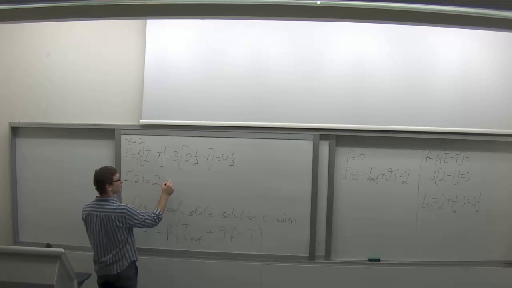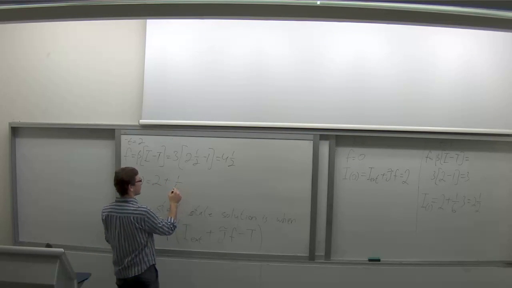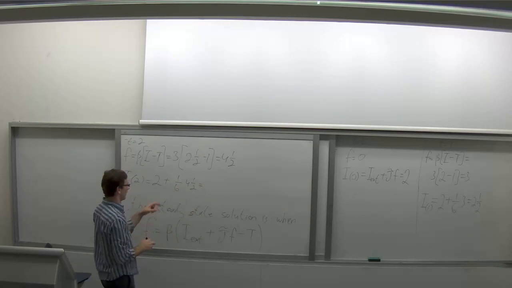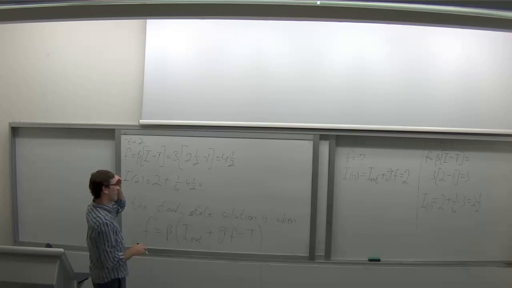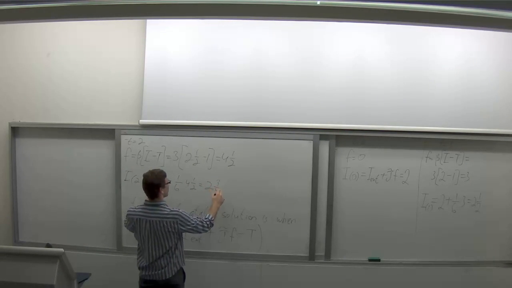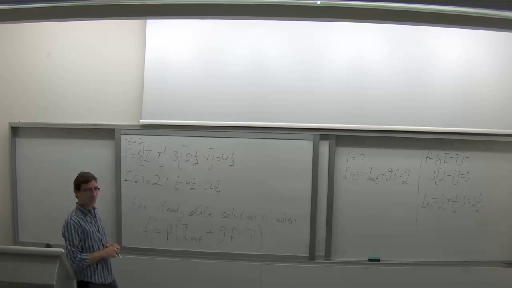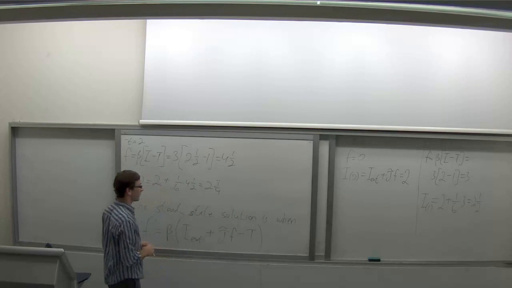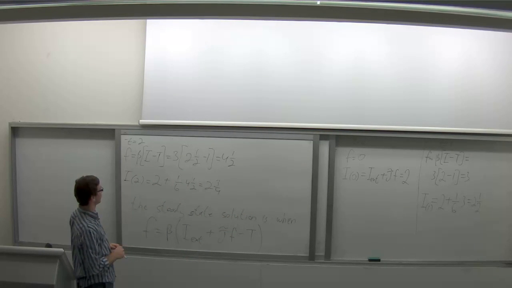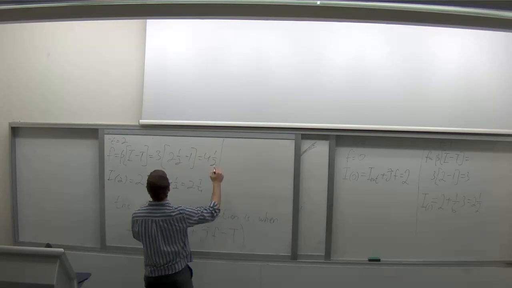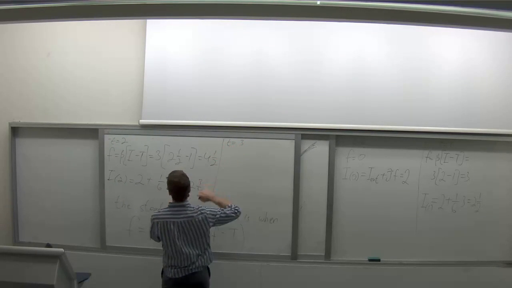The input is I external plus J tilde F. 9 over 2, 9 over 12, that's 3/4, so it is 2 and 3/4. Very little increase in I imposes very little increase in F. Okay, we reach time equals 3.